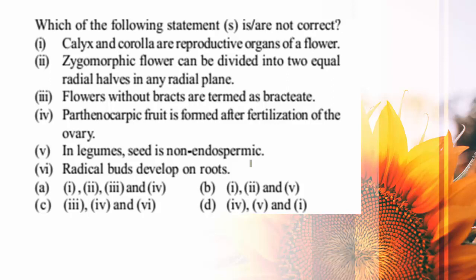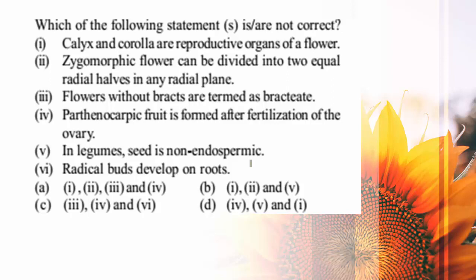In legumes, seed is non-endospermic because the endosperm is completely consumed by the developing embryo. Therefore, in case of pea and gram or all the legumes, the seed is non-endospermic. Radical buds develop on the root. So, only these two sentences are correct.